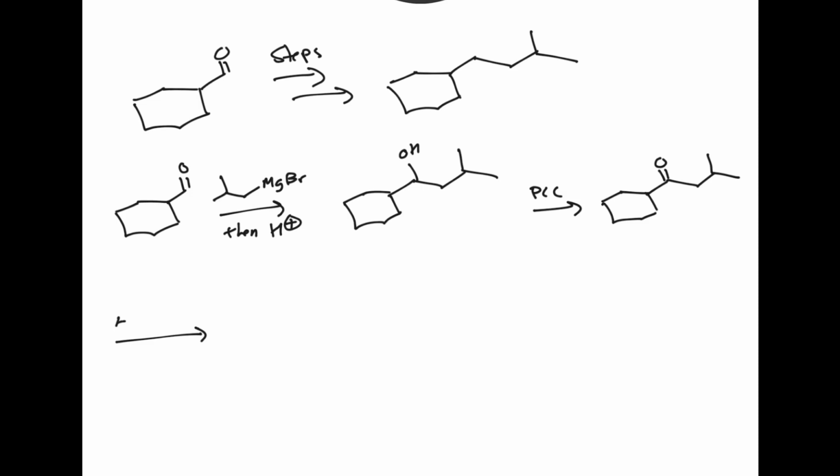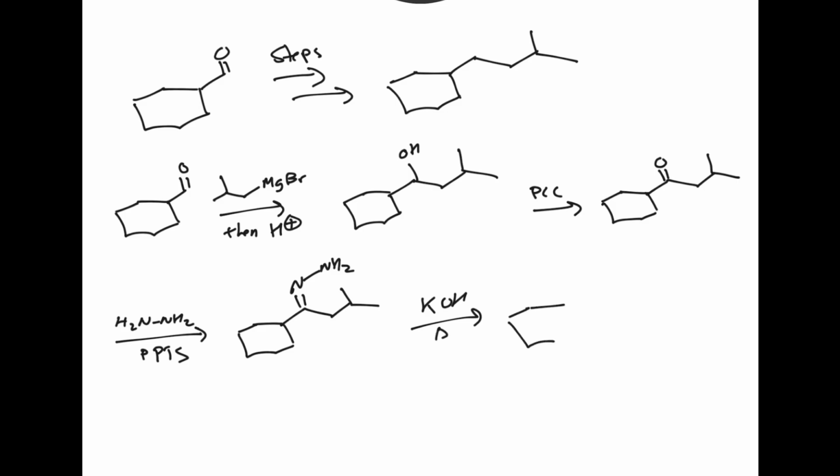So then I could make it a hydrazone, then add potassium hydroxide and heat, and that will get me to what I wanted. So you can use a carbonyl as a handle to add some carbons, but then get rid of the oxygen later. This is probably not the most elegant way to make this molecule, but it's a way.